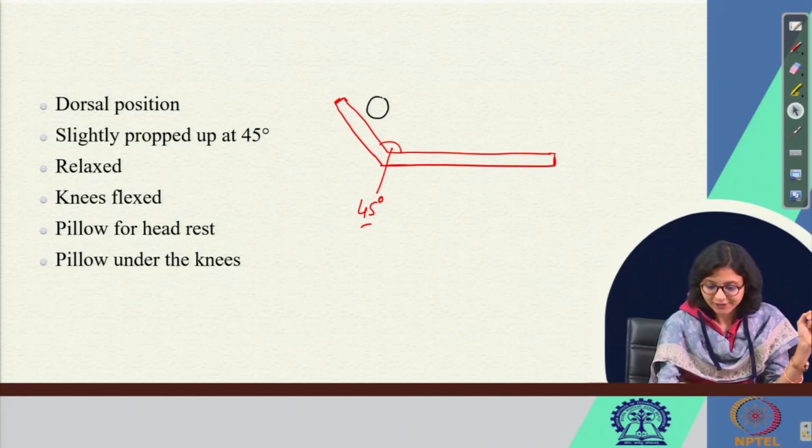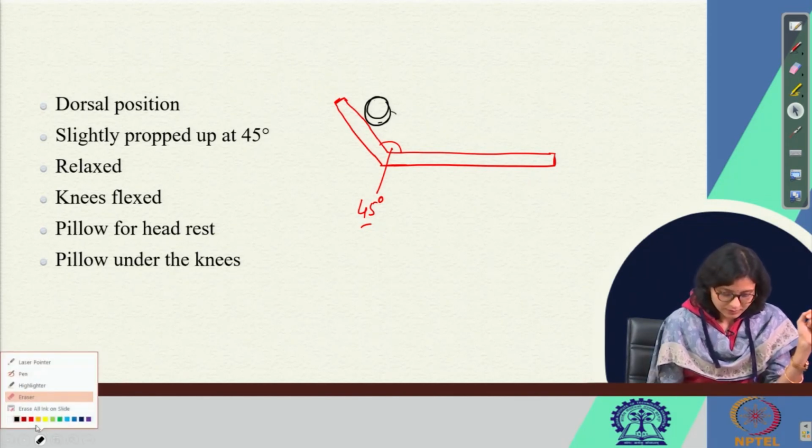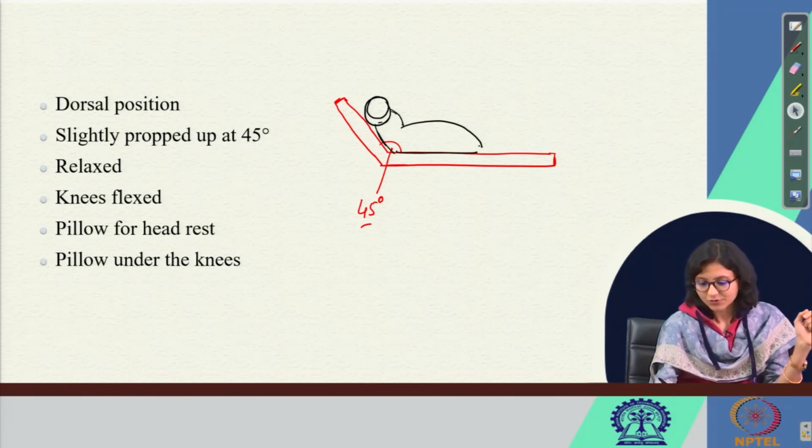Say this is the head of the mother, and she rests on this, and you go for the examination, right? So this is the picture, and her legs should be folded, right?